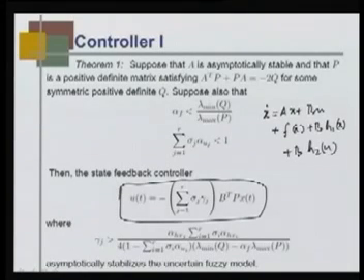This is my system, where the original system is simply sigma j equal to 1 to r of A j x plus B j u. This is the same quantity that we approximated, and then we found the upper bound of f x, h 1 x and h 2 u.